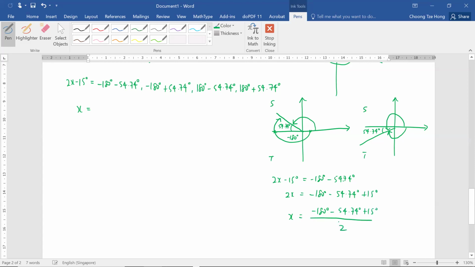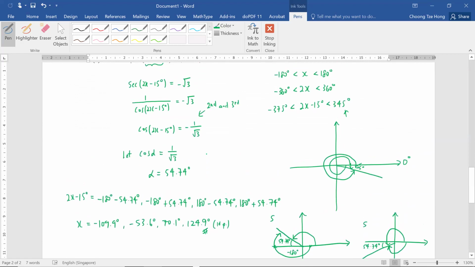You just do the same thing for all 4 angles. You will get negative 109.9 degrees, negative 53.6 degrees, 70.1 degrees, and 124.9 degrees, to 1 decimal place. These are the 4 solutions for this question.